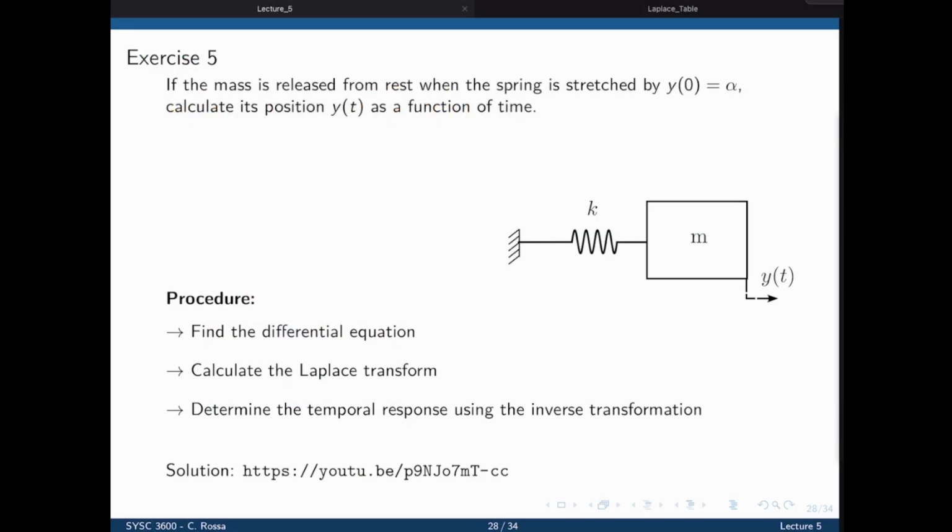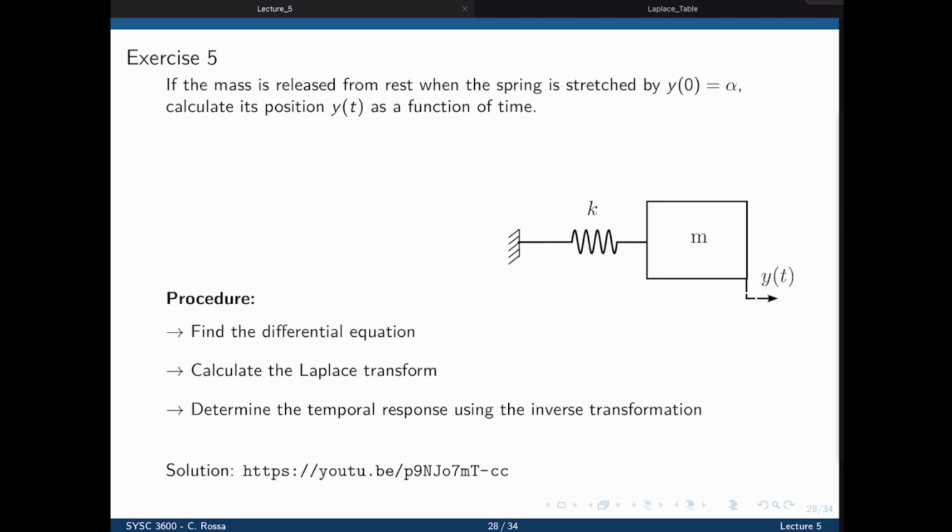In this example, we have a mass spring system, and the problem says the mass is released from rest when the spring is stretched by alpha units. Calculate the position of the mass as a function of time. So that's two important statements in this problem.